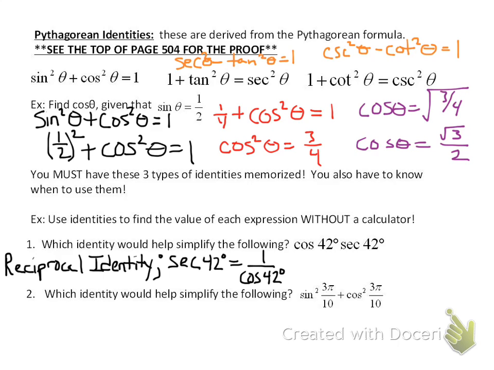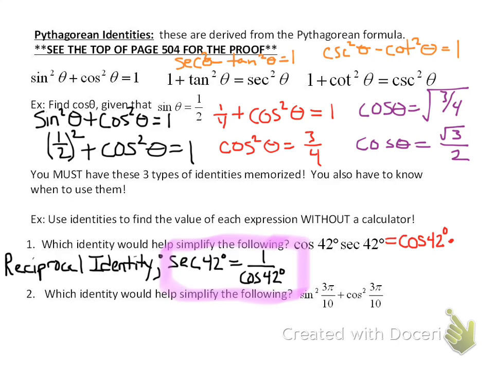So what we're going to do is use this equivalence statement to make a substitution. So we're going to come up here and say that this equals the cosine of 42. Now instead of writing secant of 42, I'm going to write in what the secant is equivalent to.